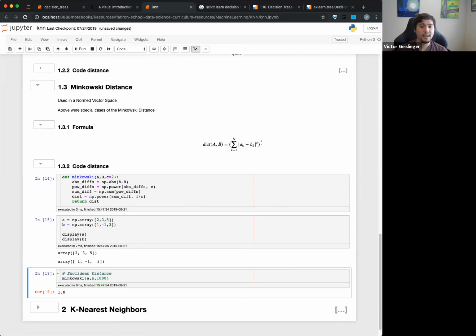You can start seeing it's really, really small. Usually the Minkowski distance is used when you want to punish more extreme values to make things closer together. So maybe you want something that's technically further away to be considered closer. It's just another way of doing things.